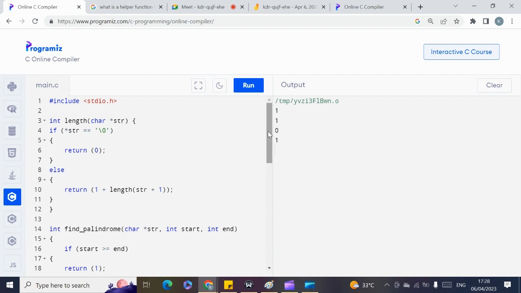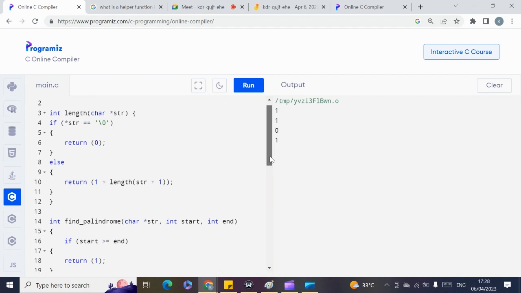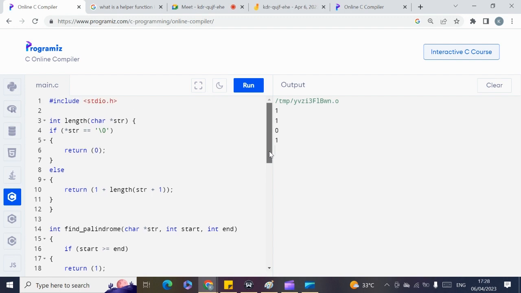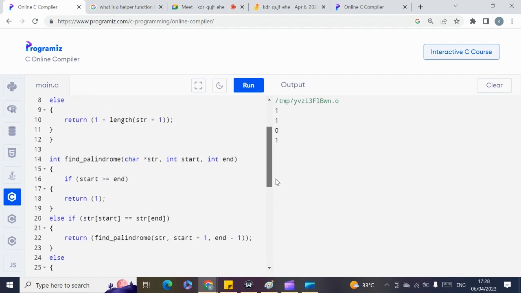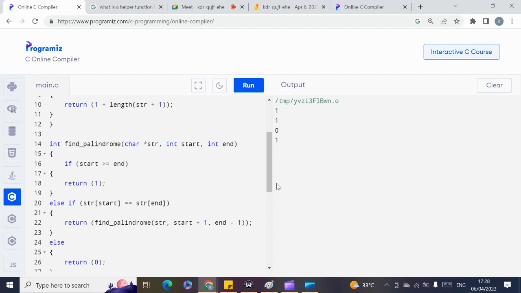I think this one is in the task 2. It's the same thing, find the length of a string. Quite the same, I just copied and then pasted it. So from there, I had to write a function that will find the palindrome.